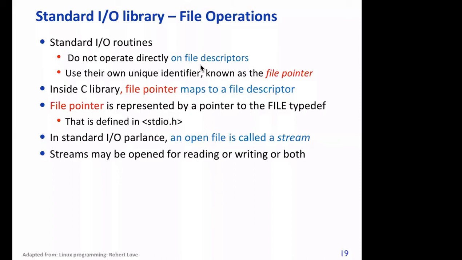This is a new typedef, of type FILE, which is nothing but a stream, very similar to FD, which is a file descriptor. Streams may be opened for reading, writing, or both.